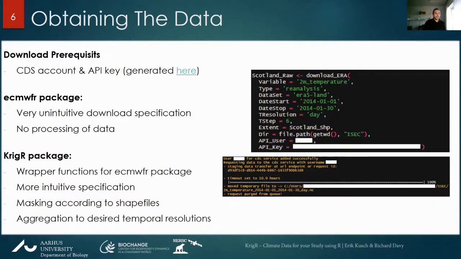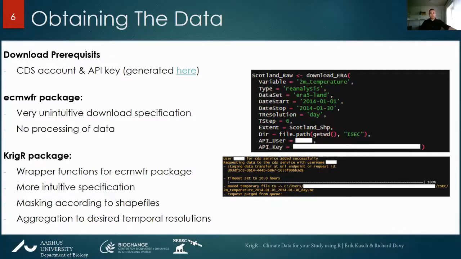The ECMWFR package only lets you limit your geospatial region by an extent bounding box, so a rectangular shape, whereas we can limit it according to a shapefile you put in to really decrease the size of files that you will have on your hard drive by the end of the download.